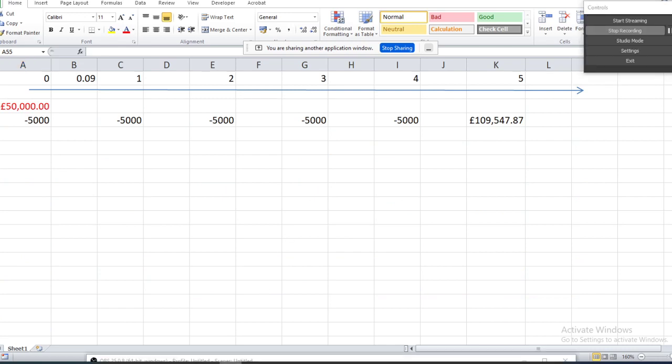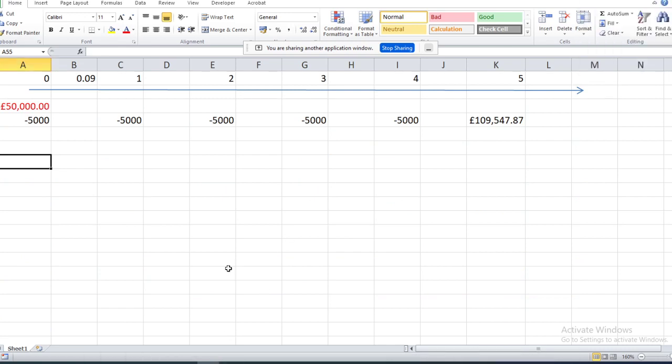All right. Let's move on to something similar to annuity. Similar but different. So, which is a perpetuity?